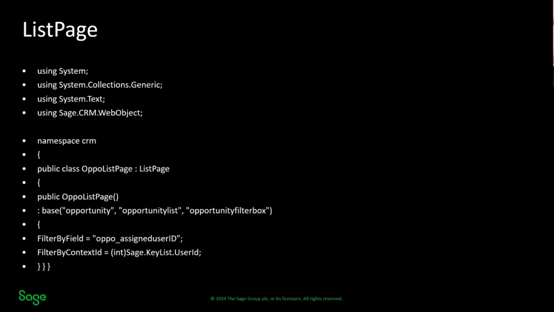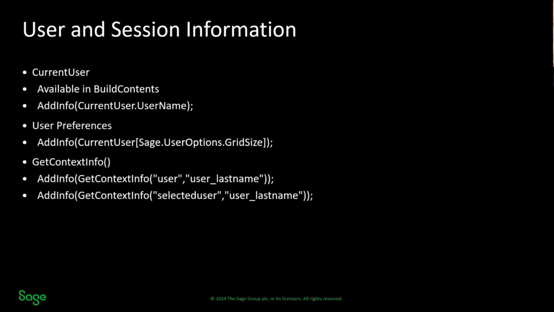So we've got the idea of the list and the filter box. So this is giving us an idea that when we look at a list page, the specialized classes will be using a different constructor to be able to then render out the created HTML.